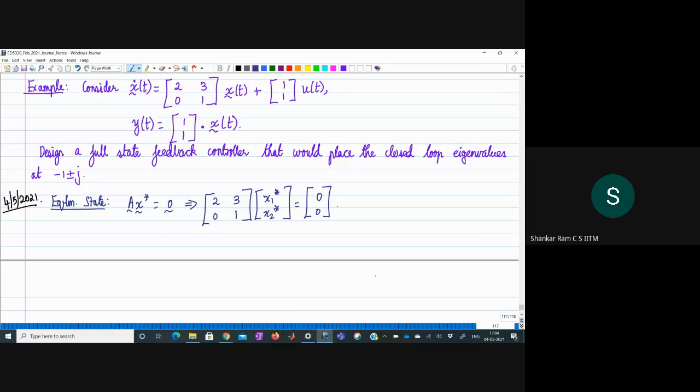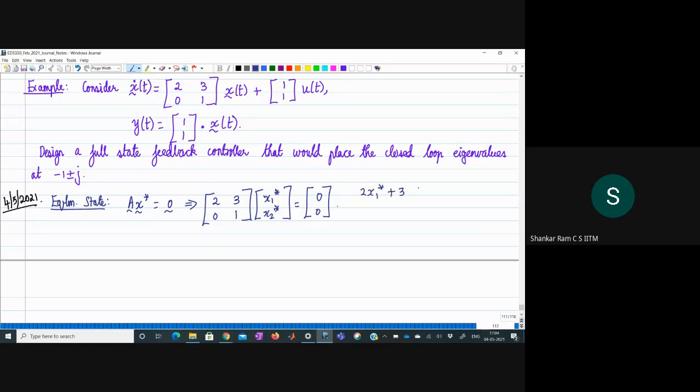Now the point is this essentially leads to x star being 0. How? Because we can observe that the matrix A is invertible, and as we already know, when the matrix A is invertible, there is a unique solution for x star, and that's the zero solution. But just once again, let me write the two equations very explicitly.